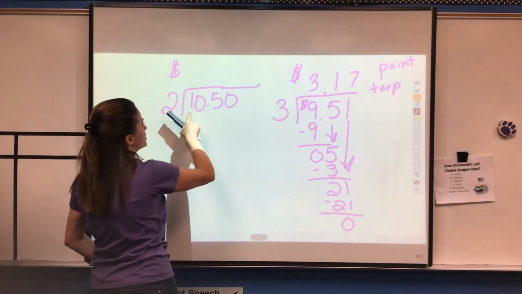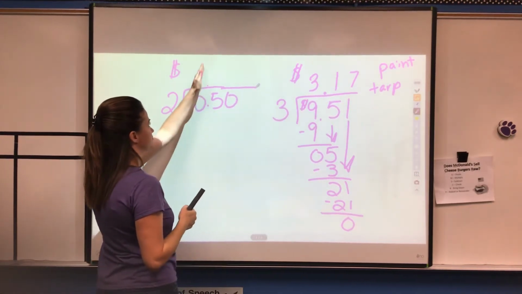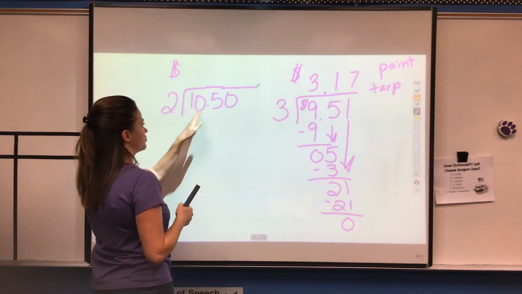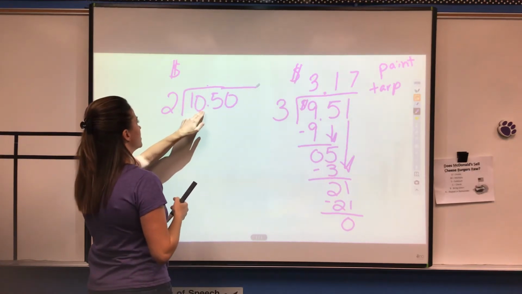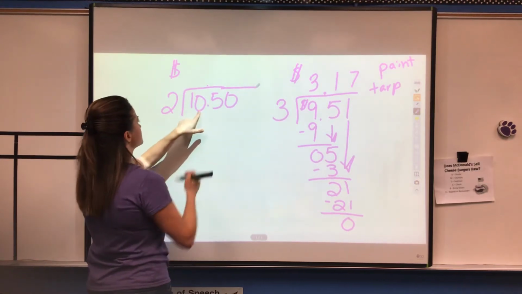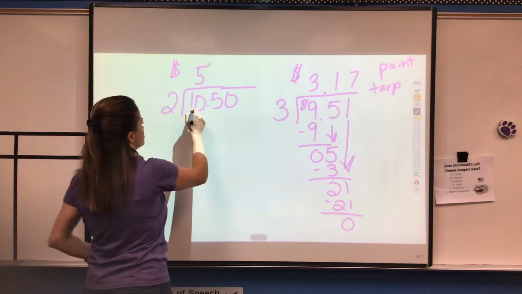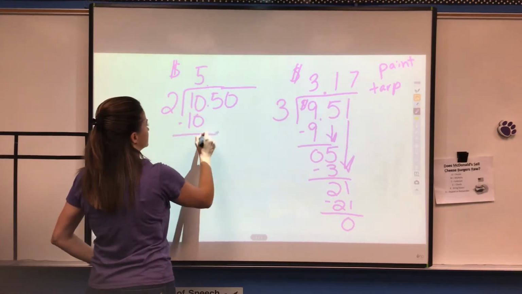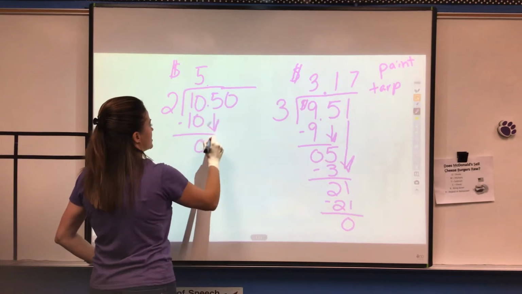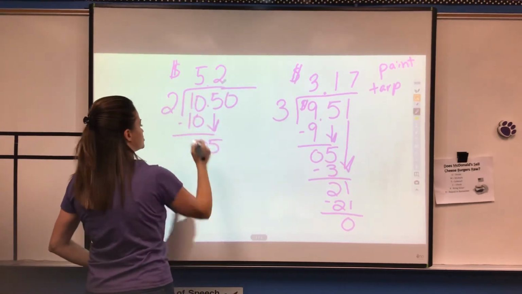So 2 can't go into 1, so again, you can either put the 0 there or just know that you have to make sure that your digit is going to line up with the tens place right here. Actually, it's the hundreds if you're looking at it. 2 goes into 10 5 times. I just have to make sure they line up. 5 times 2 is 10. Bring down that 5. 2 goes into 5 2 times. 2 times 2 is 4.